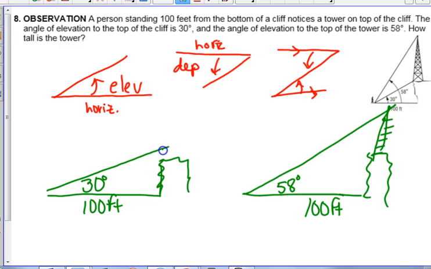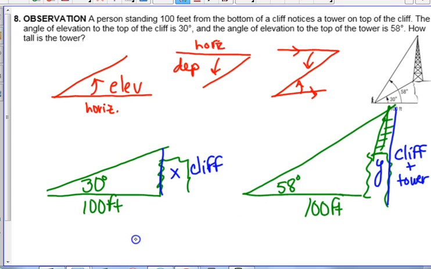So if I find this height, I will have the cliff. If I find this height, I will actually have the cliff plus the tower. So how can I find the tower? Subtract those two answers. We could use law of sines or cosines if we remembered those, but I haven't touched those, so we're pretending we don't remember them.